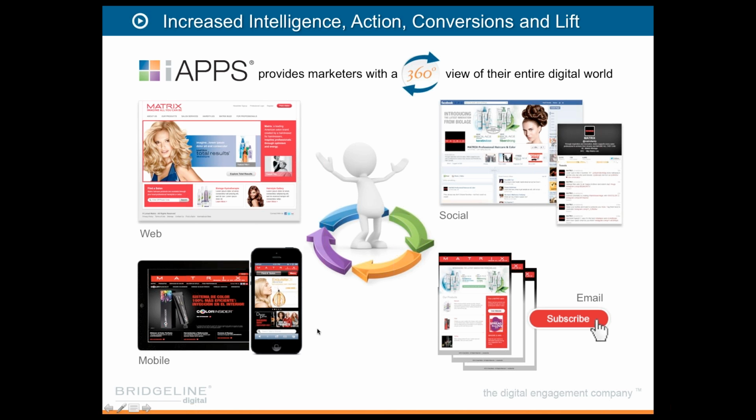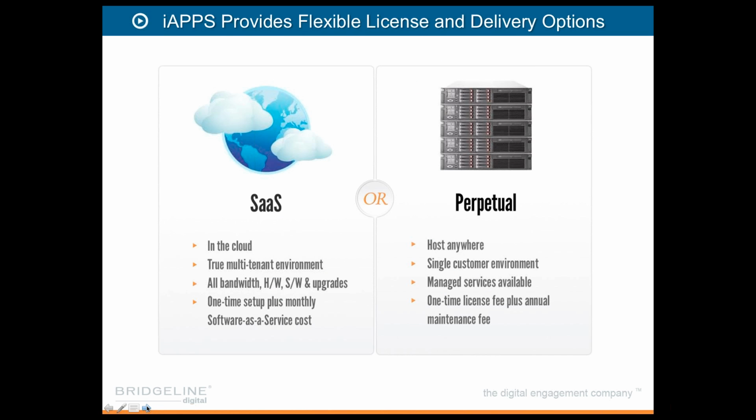We serve a variety of customers, and of course, it's all about providing this 360-degree view of what's happening in your digital world. Everything from what's happening in your site and driving engagement on that site, to information on social and pushing information back and forth. Of course, mobile.